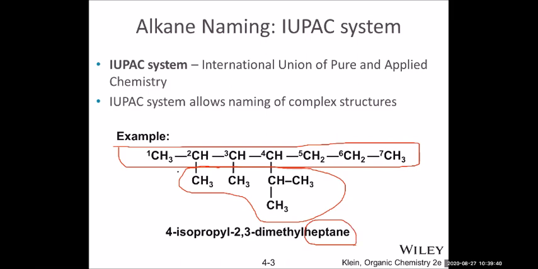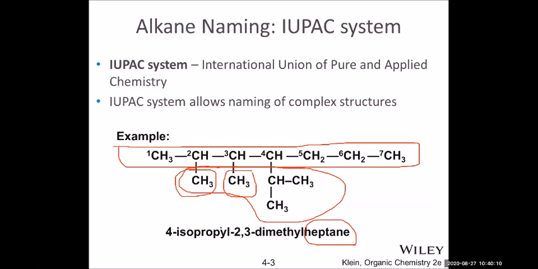Then for the branches, the small pieces out of the main chain, we find the location for them and use the location to tell people where those branches are and how many there are. You can see positions 2 and 3 each have a CH3. The CH3 we call the methyl group because it comes from methane.